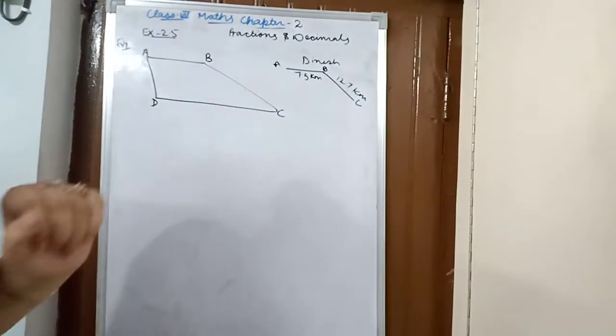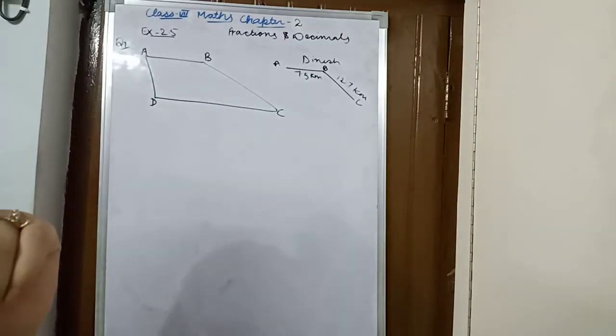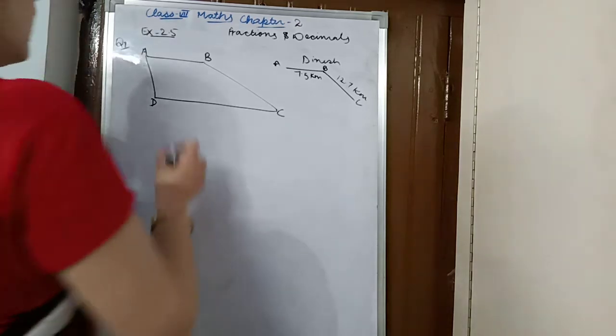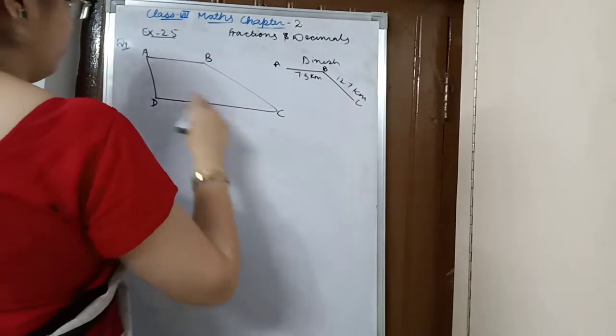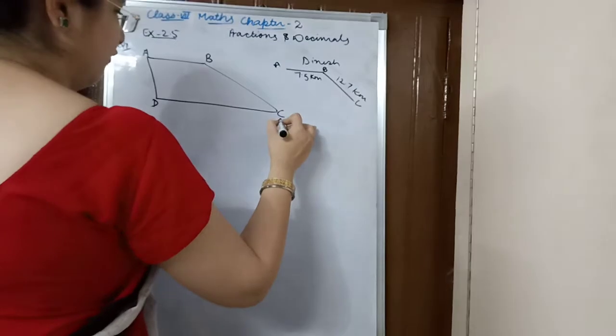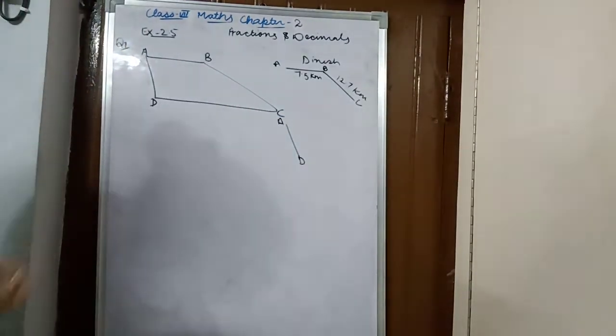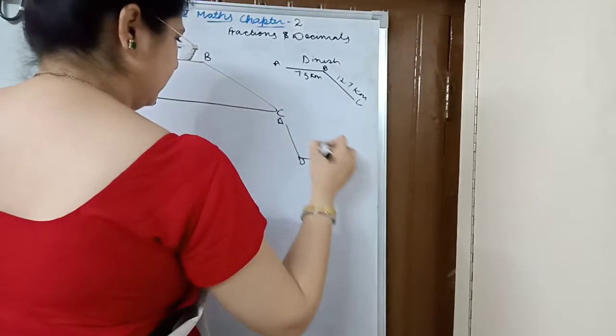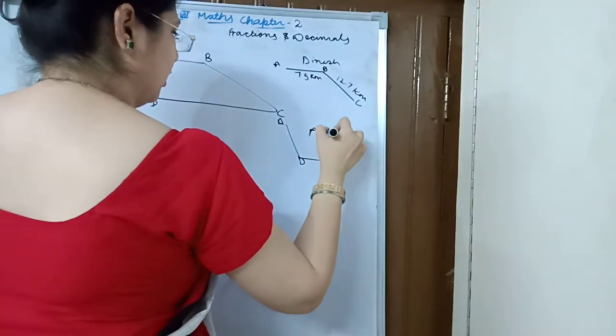Now what they are saying, Ayub went from place A to place D. Ayub is another person. Ayub went from A to D, then from there to place C. This is Ayub, and this is Dinesh.